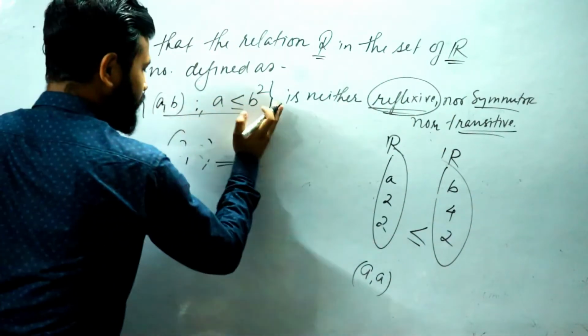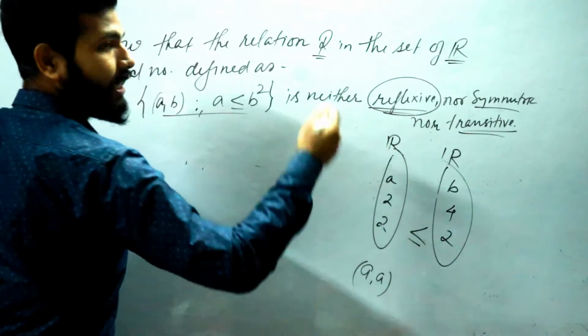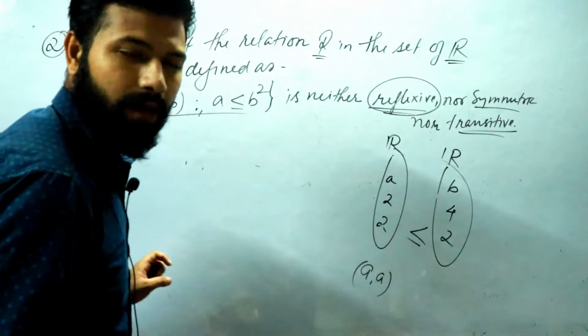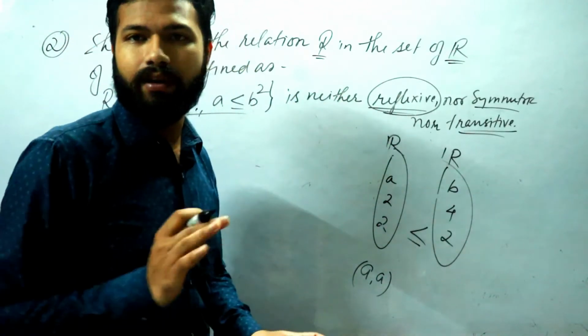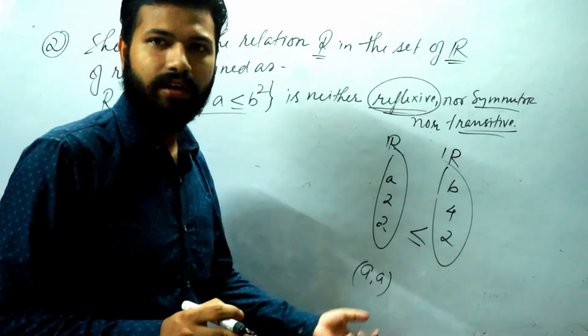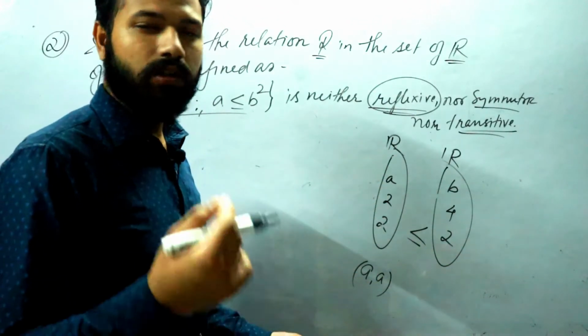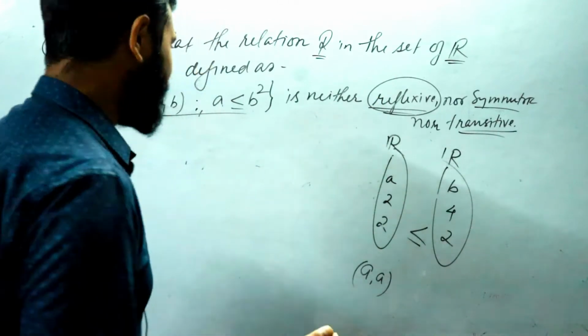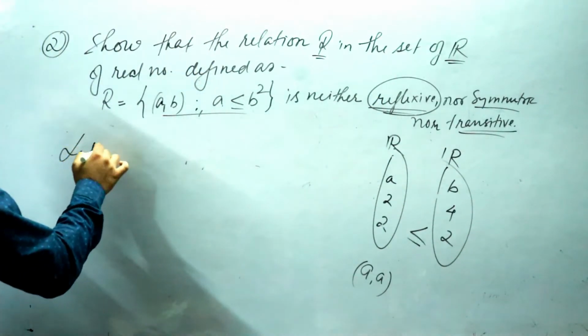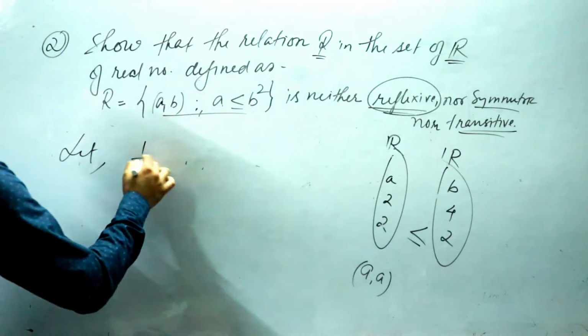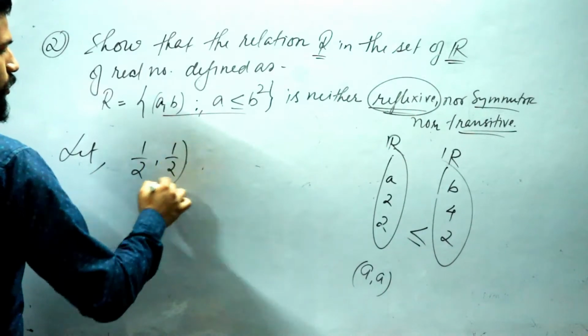Now, as it is a real number, we can take any value. We can take any fractional number, any decimal number, whatever we want. There is no restriction. So we will take such an example which does not suit this category. Let us take 1.2 comma 1.2.